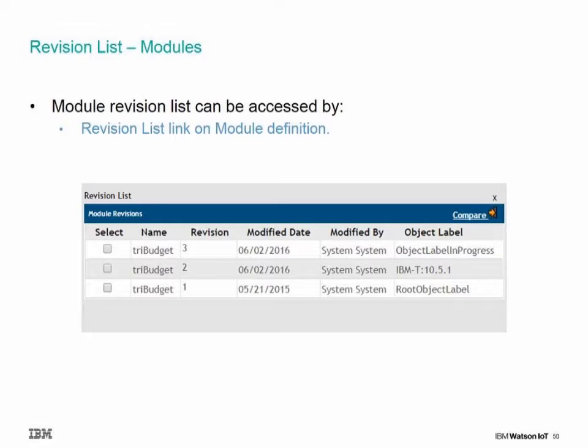So in this screenshot, you can see the revision list for a module, and it's accessed by the revision list link on the module definition in Data Modeler. And the screenshot shows, this module has 3 revisions, and they're listed out. And the high-level information about each revision is listed here.